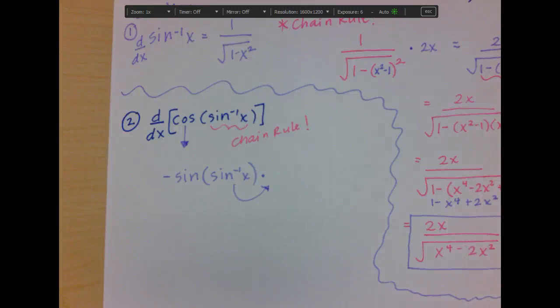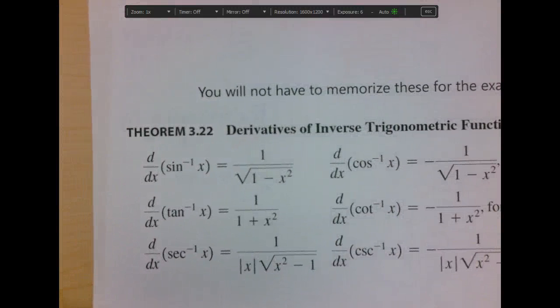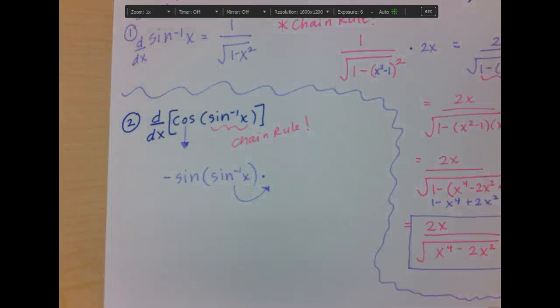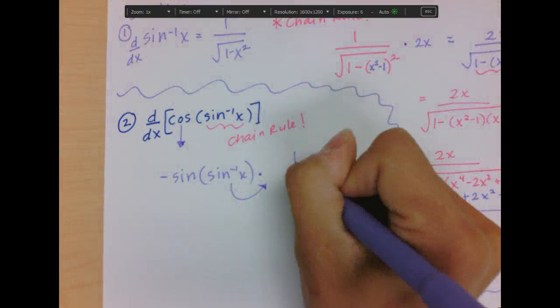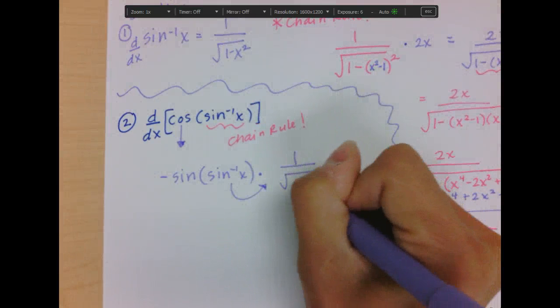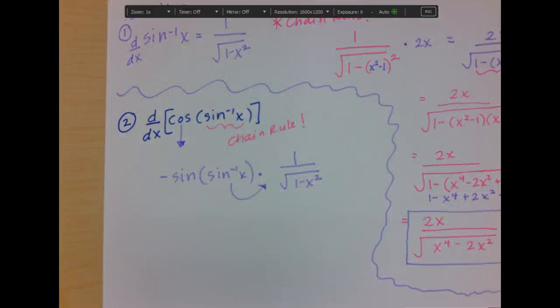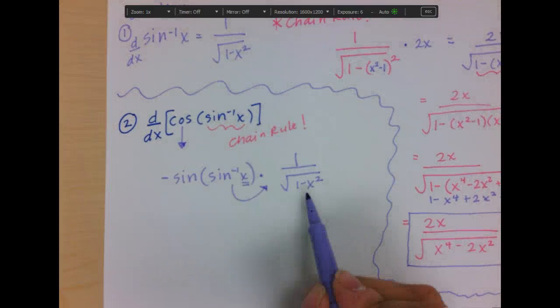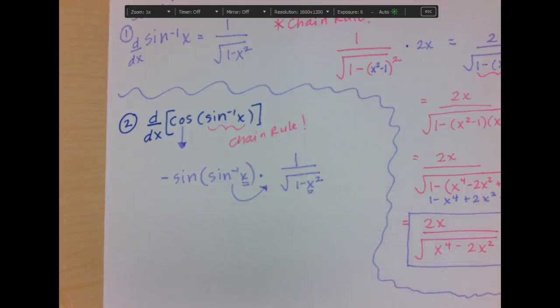I'm going to refer to my derivative cheat sheet here, and the derivative of the inverse sine is 1 over the square root of 1 minus x squared. In this instance, the argument of this inner piece is just x, and the derivative of that is 1, so I don't need another chain rule.